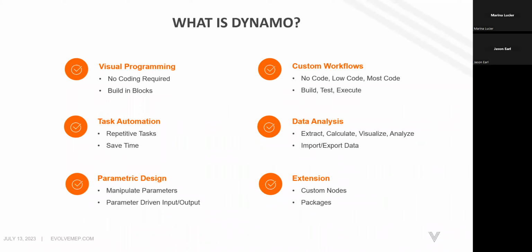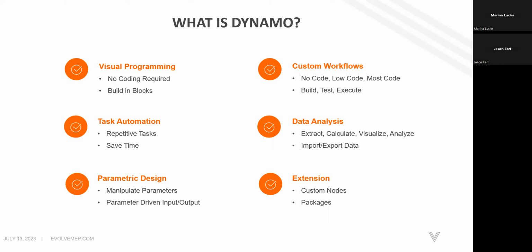You can actually do even more in Dynamo than you can do in Revit. So anything that you're doing that's repetitive, you could, in theory, create a Dynamo script for it. Within Dynamo, you'll build your graph, you'll test it, and you'll execute it all from Dynamo.